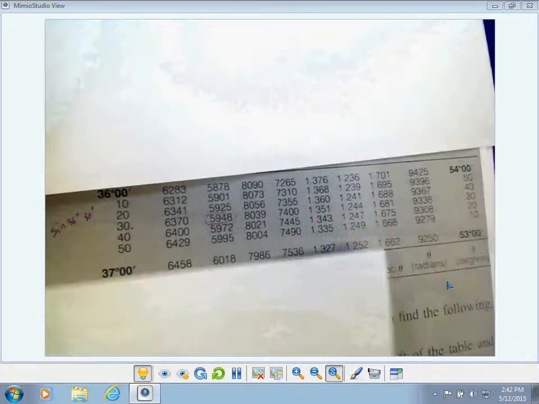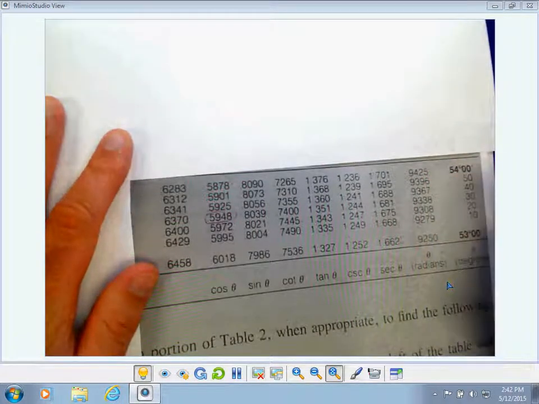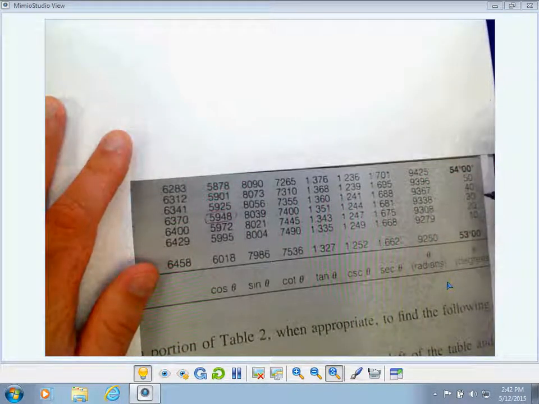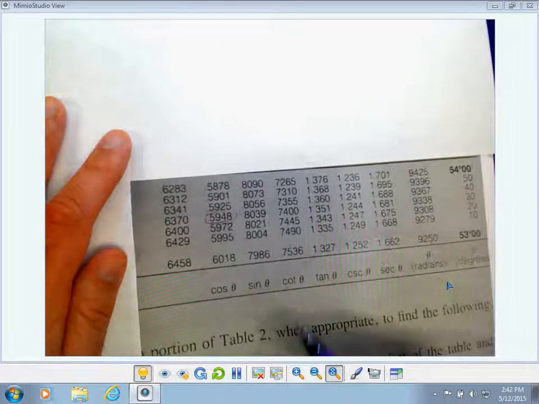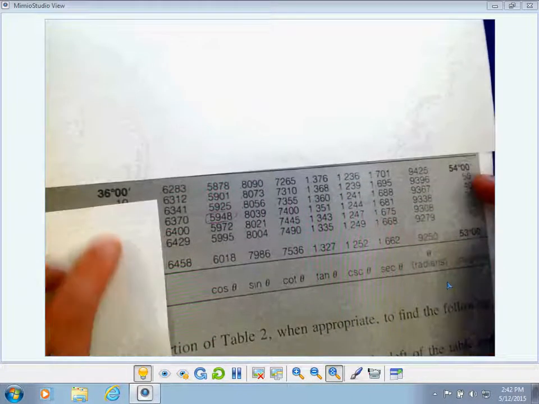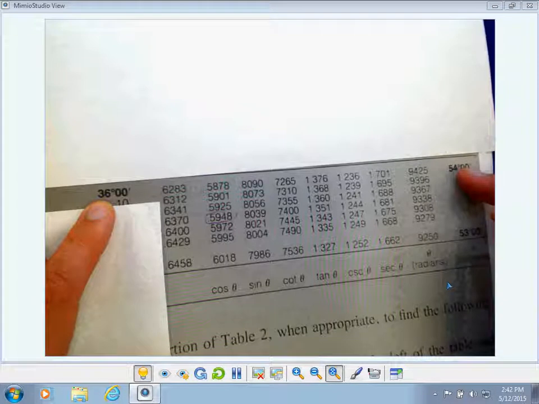So if we look at the table the other way, this is from 53 to 54 degrees. They're the opposite angles, the ones that are complementary to the other ones, because you're talking about two angles that make 90 degrees. So if we looked at 36 and 54, they're complementary angles. They make 90 with each other. Take the 36 and the 54, put it together, you get 90.